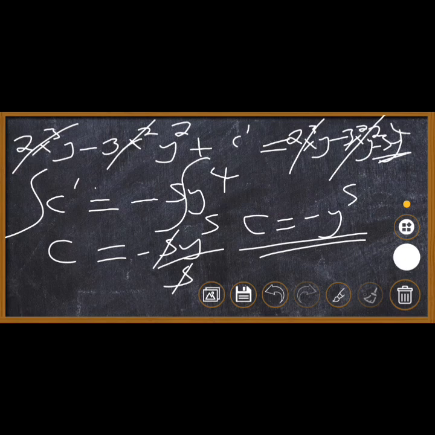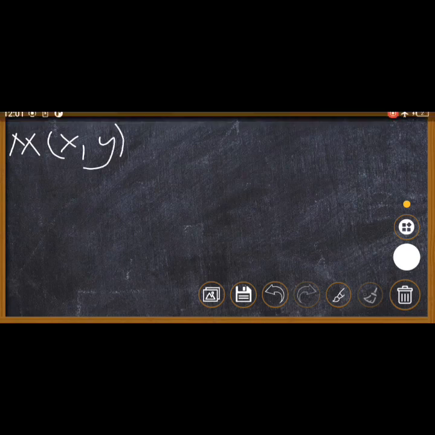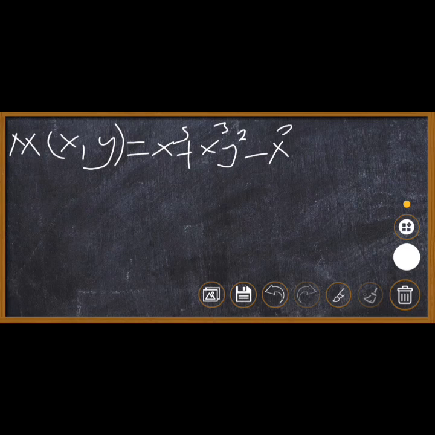Now remember the function that we had after we had integrated the function of m: x power 5 plus x power 3 y squared minus x squared y power 3 minus y power 5 plus c. But c, we have found that c equals negative y power 5.